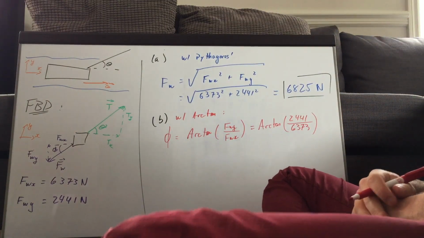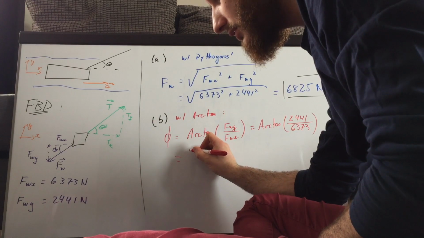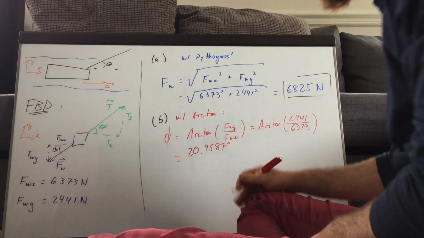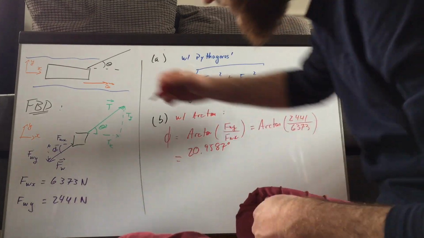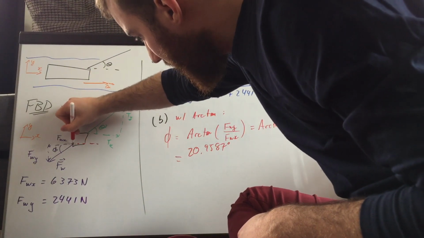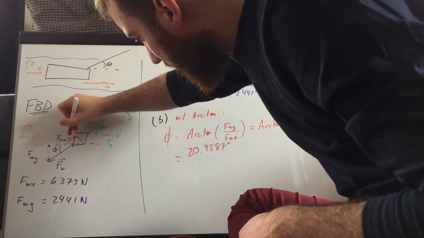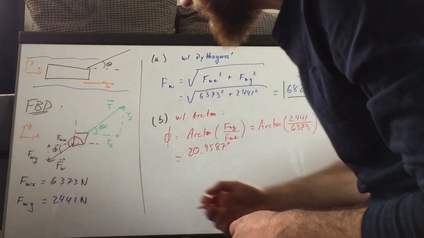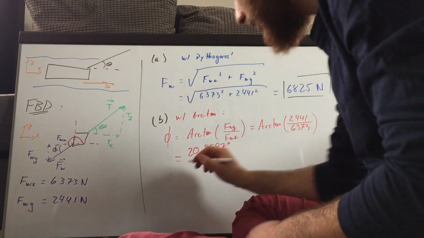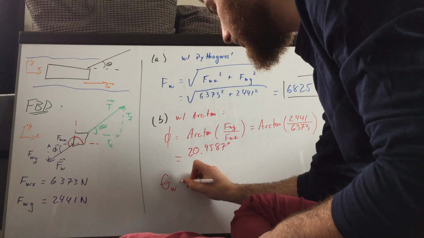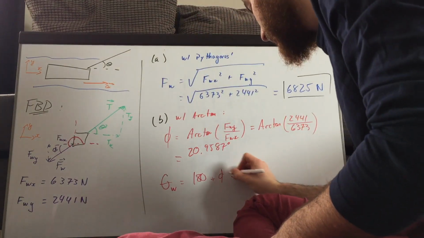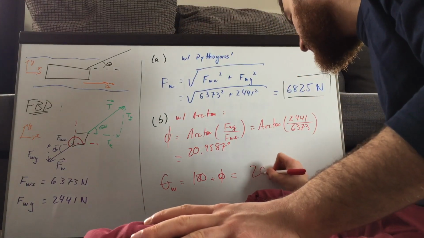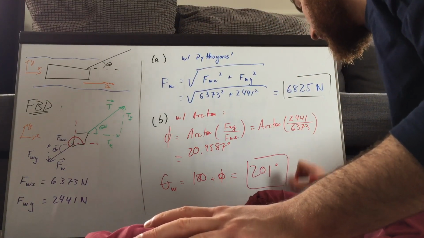Once you calculate that, you get 20.9587 degrees. What we really want is this angle here. That is the angle that's interesting to us. So that angle is, I'll call it theta W, 201 degrees rounded to 3 sig figs. And there we go.